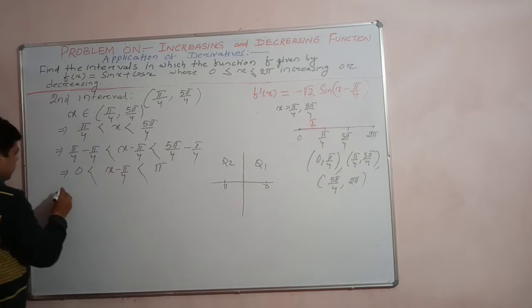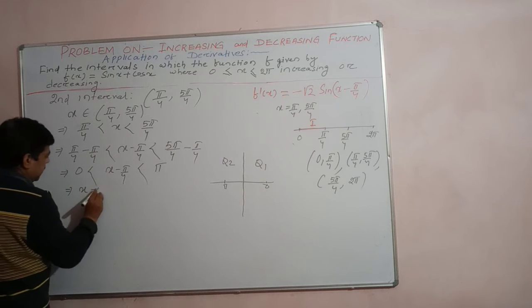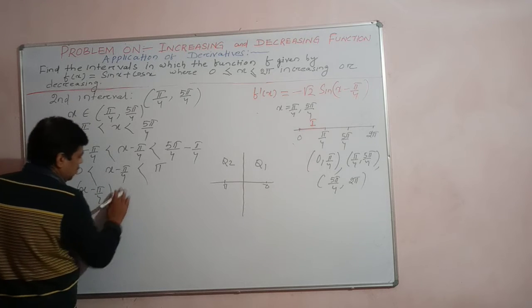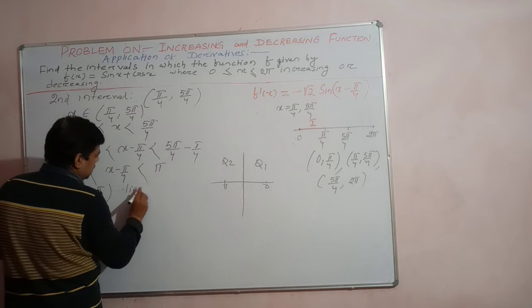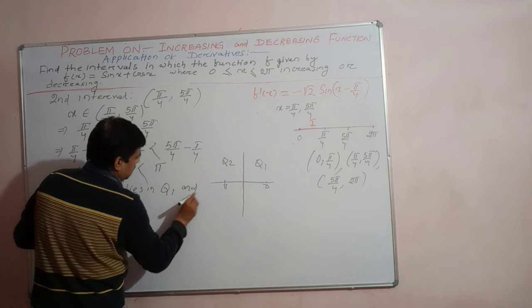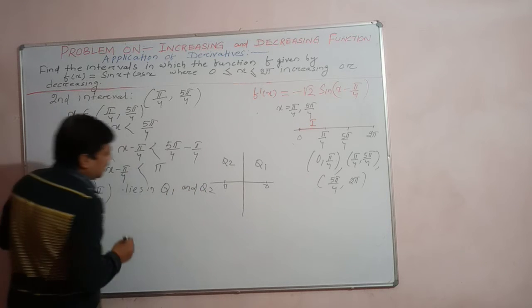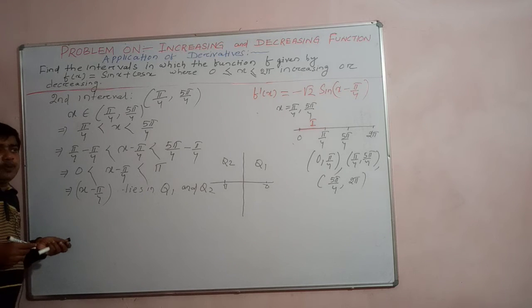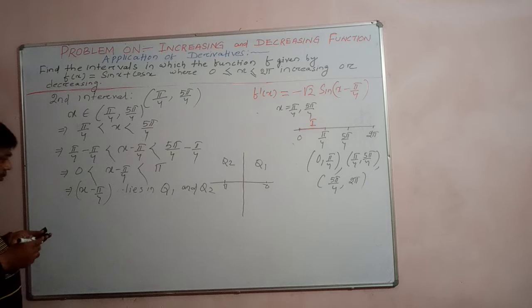That implies x minus pi by 4 lies in the first quadrant and second quadrant. And in the first quadrant and second quadrant, you know, the sine function is positive. All of you know.